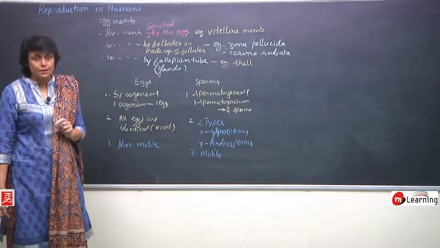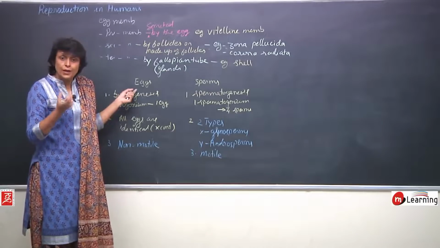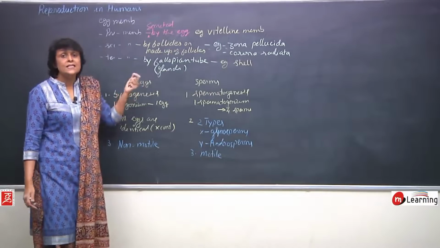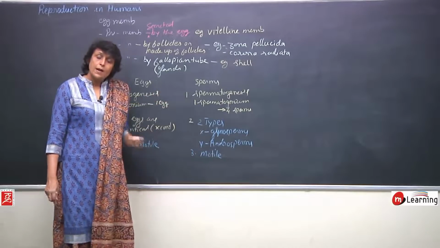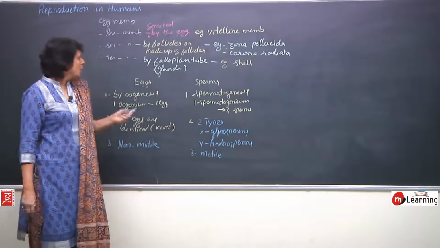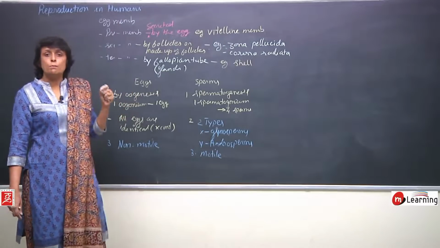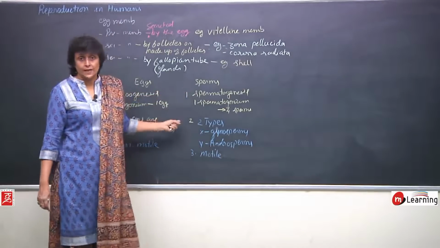Now one more thing which we will talk about here as a comparative thing is the lifespan and viability. Lifespan means for how much duration will the egg survive, that is its life. Same with the sperm. And viability means for how much duration would it retain the power of getting fertilized or fertilizing.